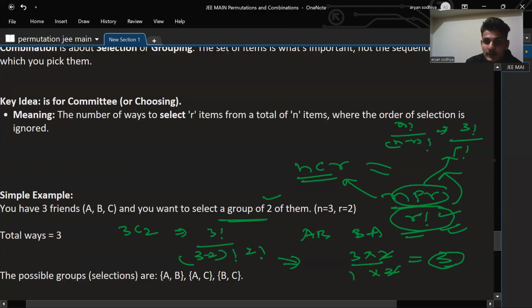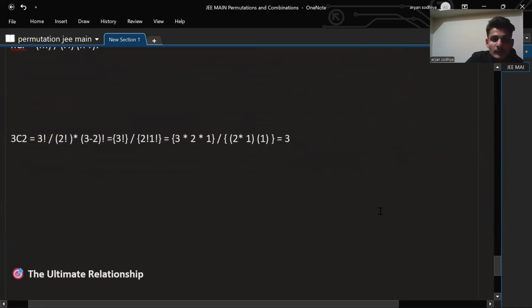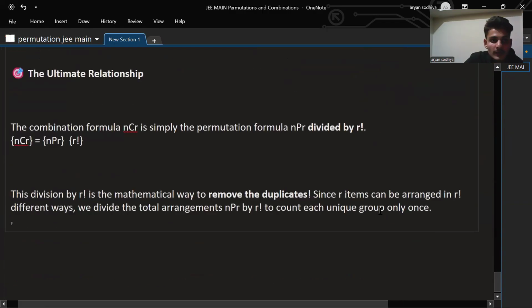Now r is 2 here, so 2 factorial is divided. 3 factorial divided by 2 factorial comes to be 3 again. 3 factorial is 3 into 2 and 2 factorial is 2 into 1. The 2 and 2 get cancelled and the answer is 3. I hope you understand this point. If you practice more questions, then you will finally understand this concept easily.